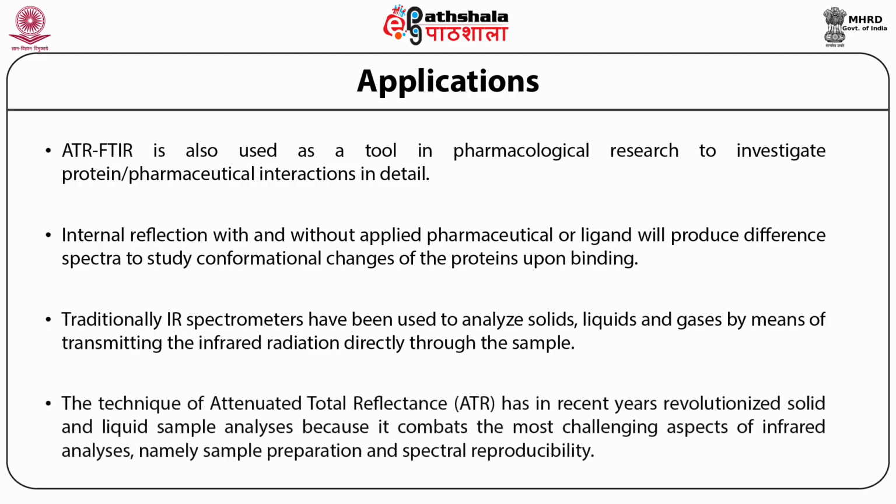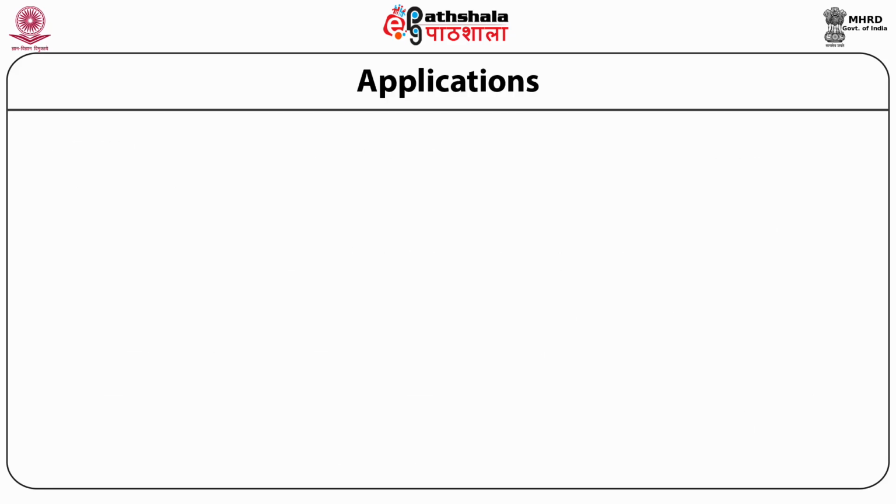The technique of attenuated total reflectance, ATR, has in recent years revolutionized solid and liquid sample analysis because it combats the most challenging aspects of infrared analysis, namely sample preparation and spectral reproducibility.